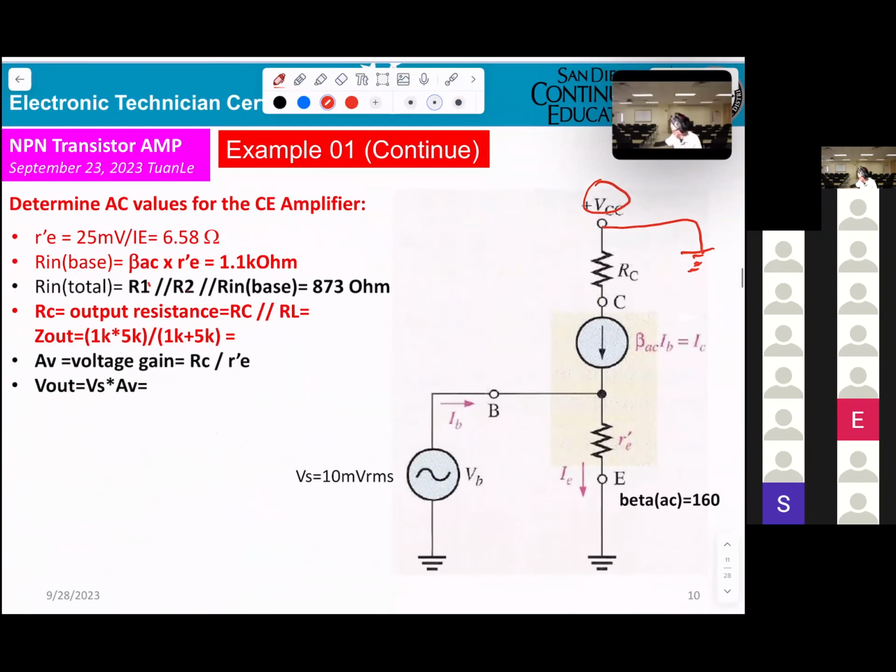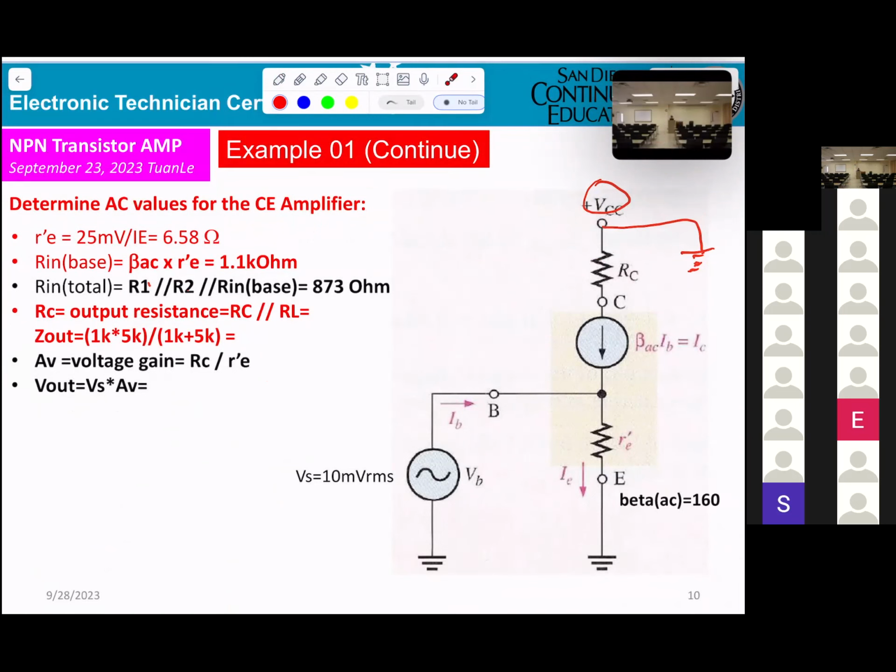Okay, now they want you to calculate the AC. You see that for AC, you don't have VCC anymore. That will be ground.